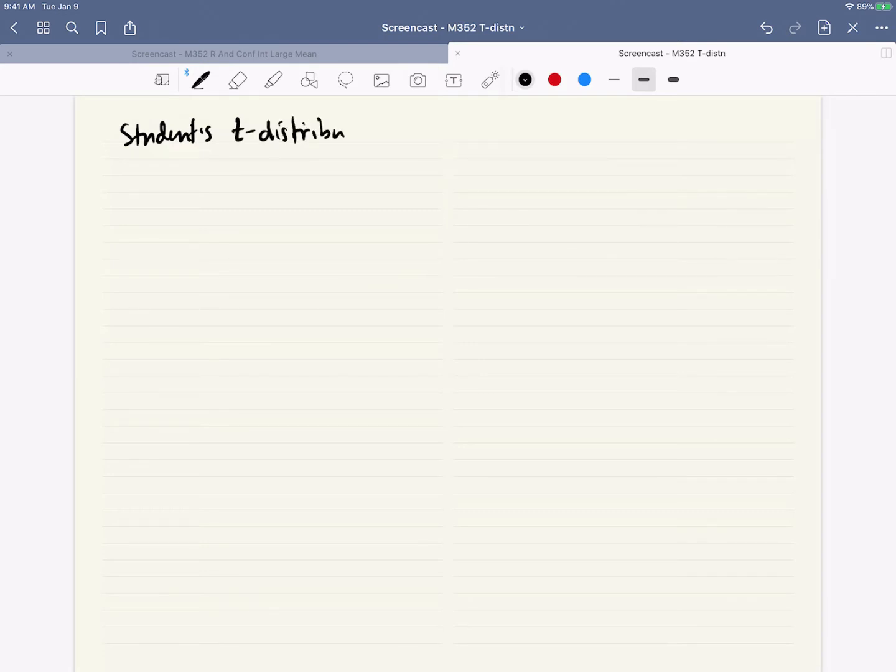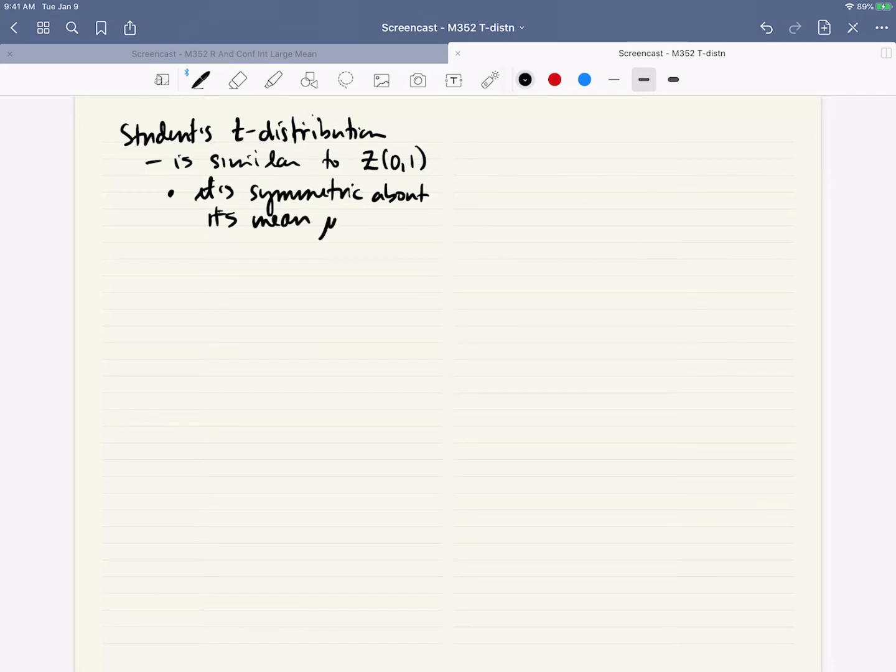So the student's t-distribution is very similar to the standard normal distribution in the following ways. It's symmetric about 0. In fact, it's symmetric about its mean, and its mean is 0.